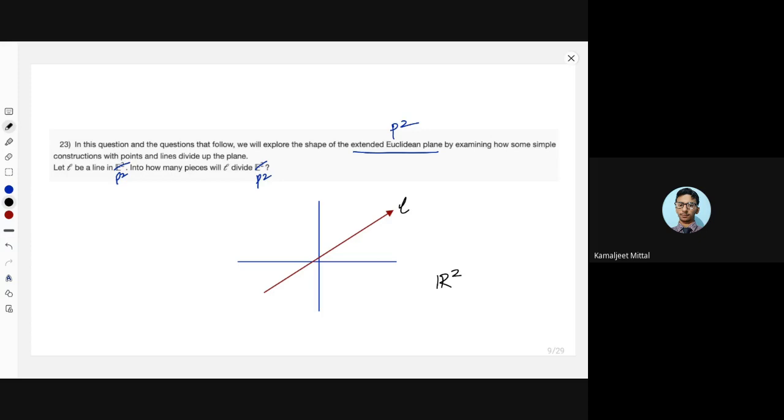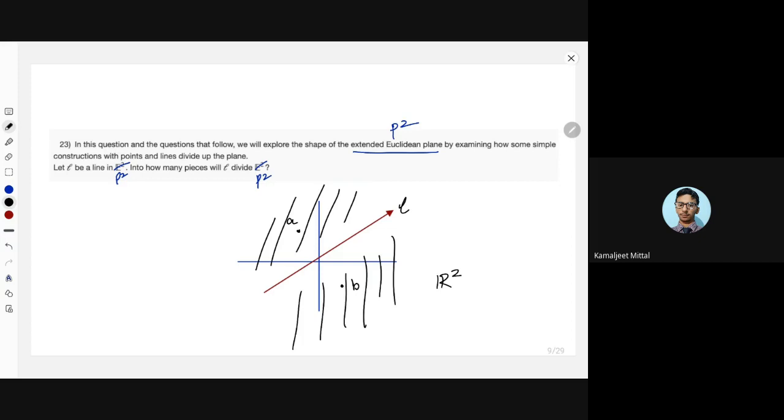Now in this R2 plane, there is a point on the top of this line L, let's say A, and a point on the bottom half of the line L, let's say B. If I can join these two points without going through L, then the region on the top must be connected to the region on the bottom, because I'm removing this line.